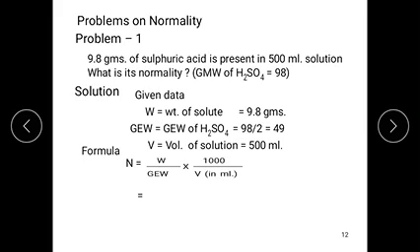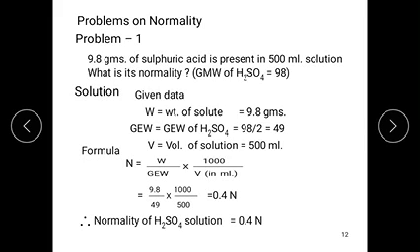Substituting the values, N equals 9.8 divided by 49 into 1000 by 500, which equals 0.4 N. Therefore, the normality of the H2SO4 solution is 0.4 N.